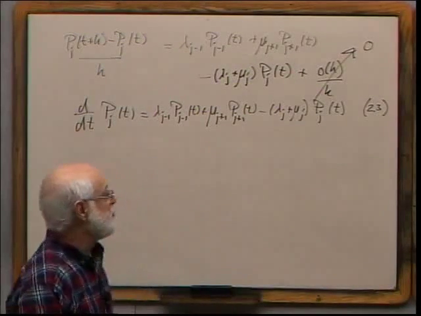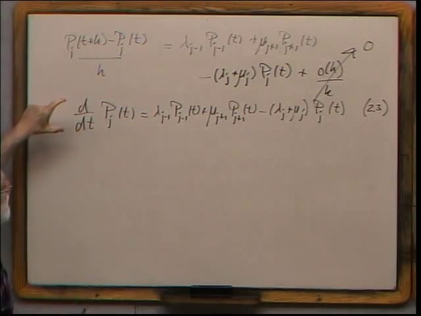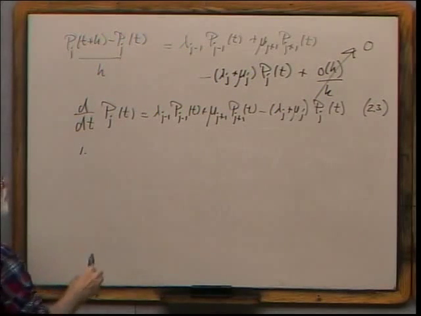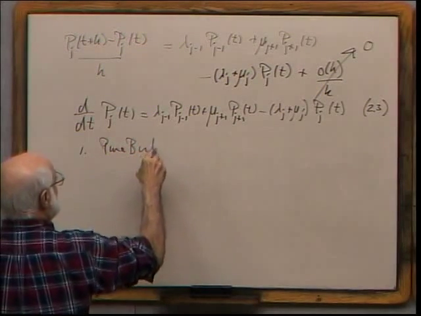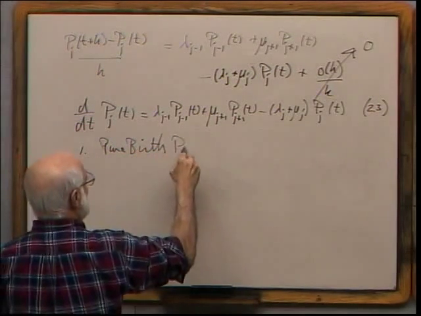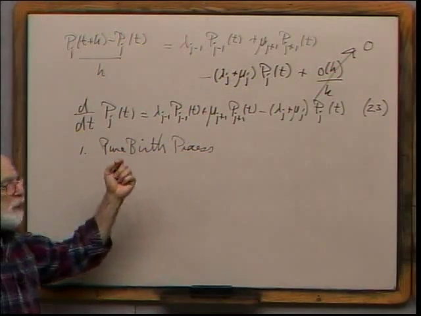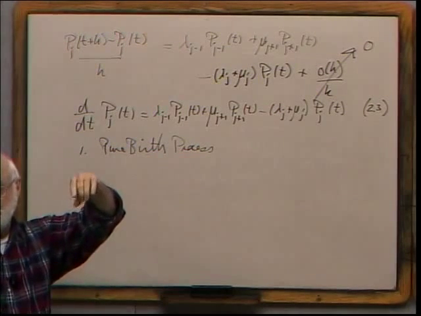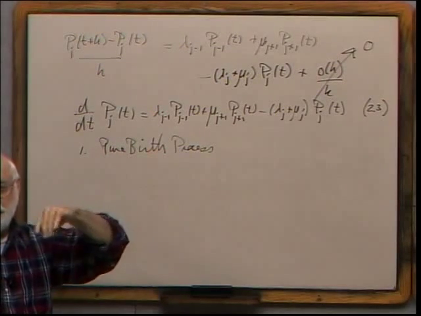Okay. So now what I wanted to do, what I did was I looked at this for particular cases. So case number 1 was the case which is called the pure birth process. And based on its name, what it says is that we're going to look at the process in which we'll assume that the population never gets smaller, which is equivalent to saying that I'm going to count the number of births or count the number of arrivals.